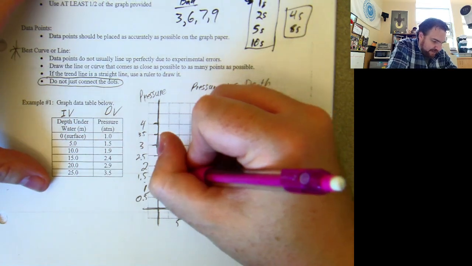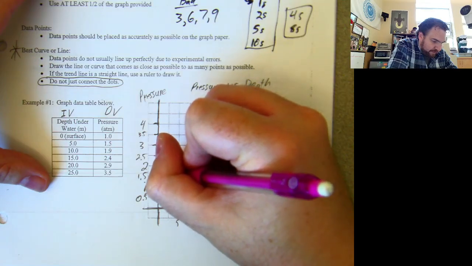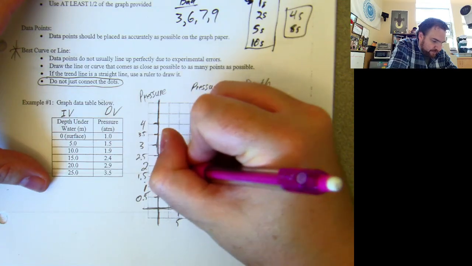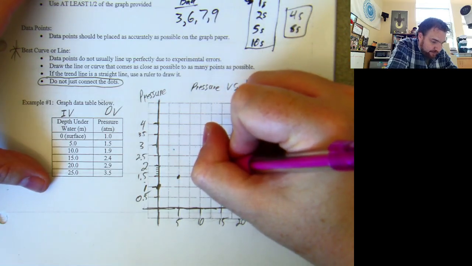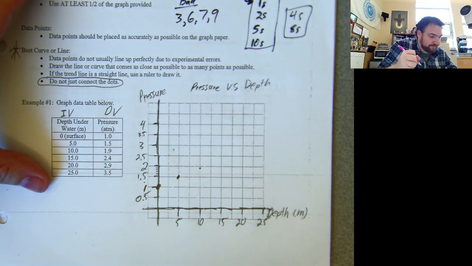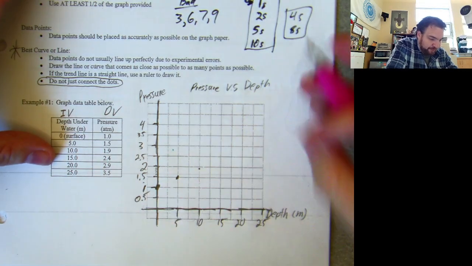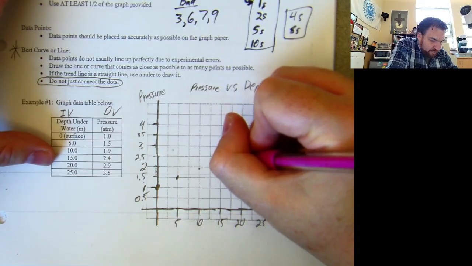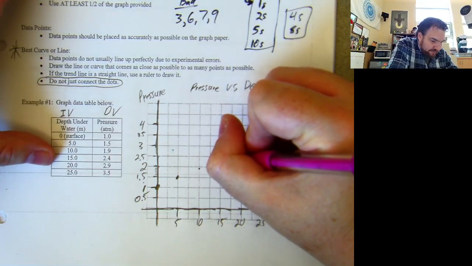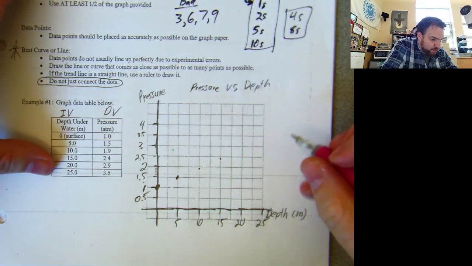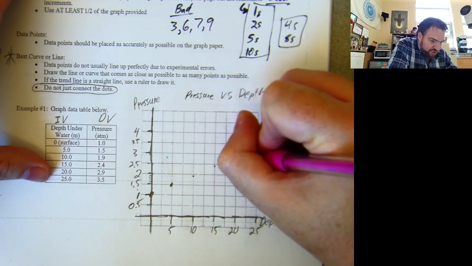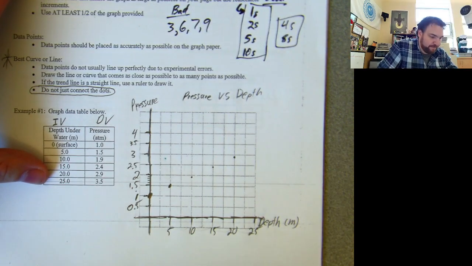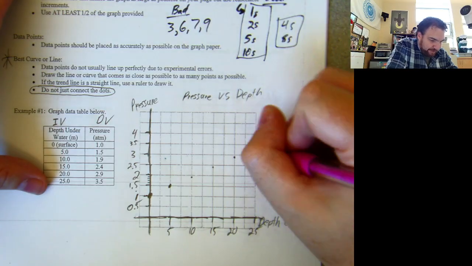That could be 1.6, 1.7, 1.8, 1.9. We can ballpark it and say, well, it's kind of like right there. At 15, we're at 2.4, which will be just under right there. At 20, we're going to be at 2.9, which is right there-ish. And at 25, we're going to be right up there at 3.5.